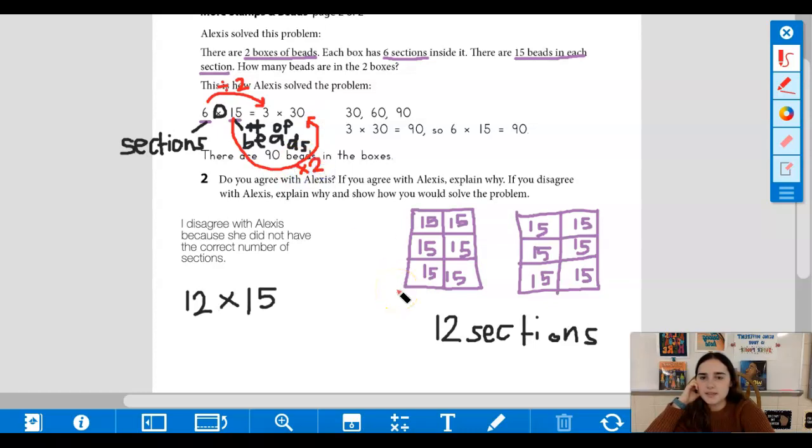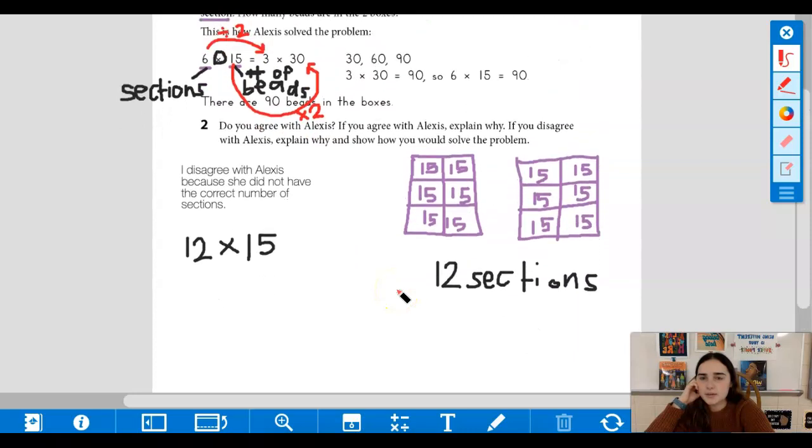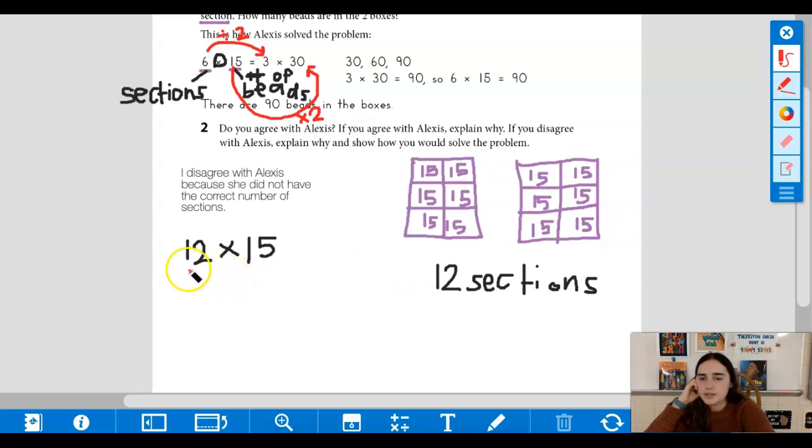So let's do the same thing with our new problem. We are going to take half of 12. In other words, we're going to divide it by 2 into 2 equal sections. But that means that we have to double this number. This is a great strategy that makes it a little bit easier to solve multi-digit multiplication problems.